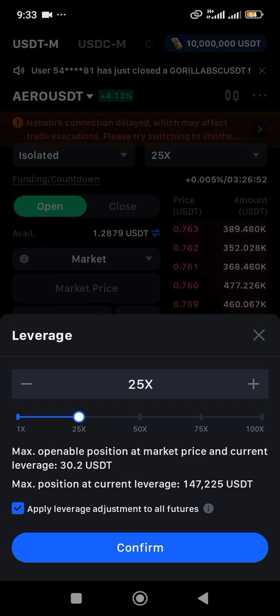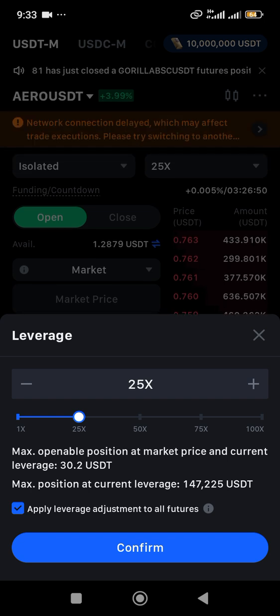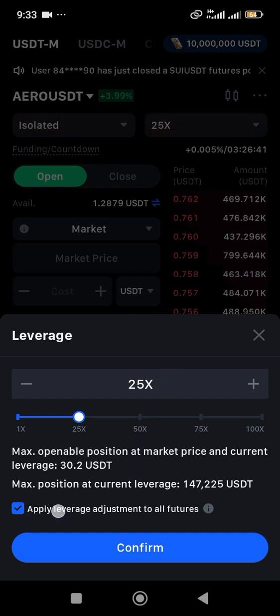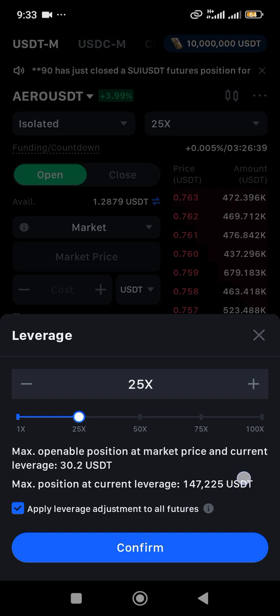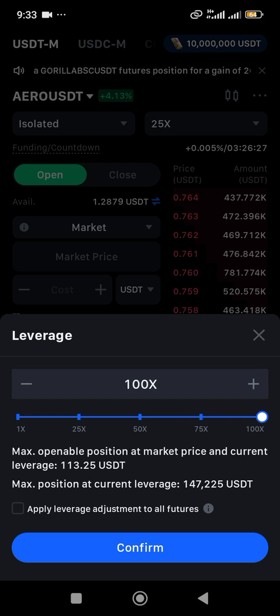This is the leverage we are talking about. You can see as I clicked on it, it brought me here. It says apply leverage adjustment to all futures. So this is your leverage. Now I can enjoy leverage on this particular trade up to times 100.